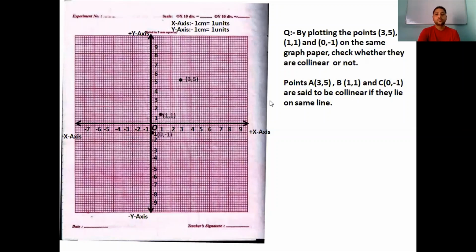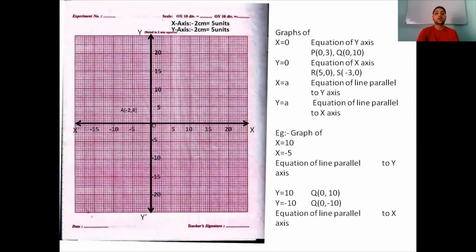Then we have point C as (0, -1), that means x is 0 and y is -1, so the point will lie on the y-axis. Understand? Now we join these 3 points. As the 3 points lie on a straight line, we can say that these 3 points are collinear.